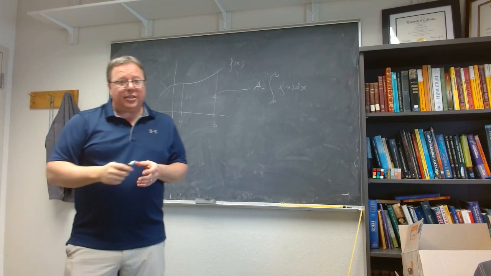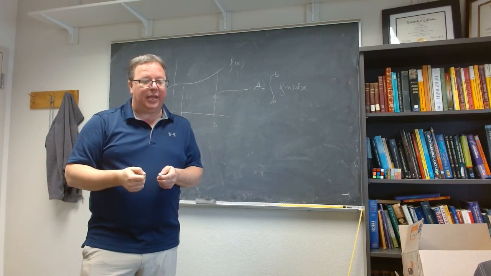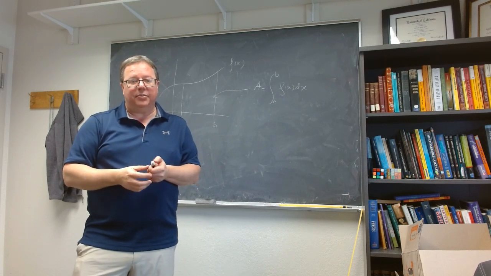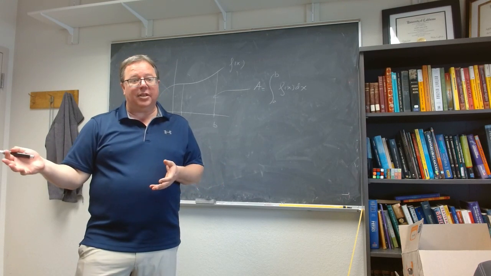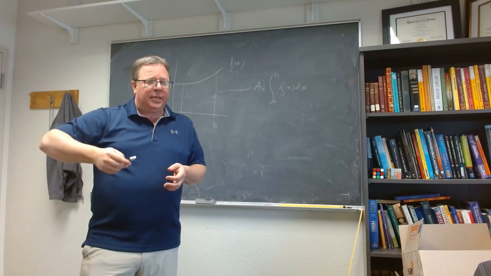Now, in the homework last week, you had to find these values using geometry or approximate the values using Riemann sums, either left-hand Riemann sums, midpoint Riemann sums, right-hand Riemann sums, or trapezoid rule Riemann sums.